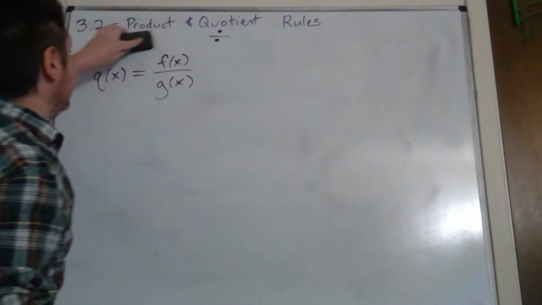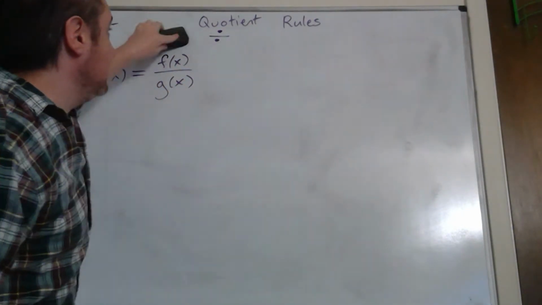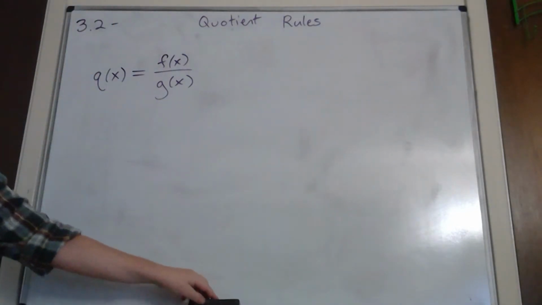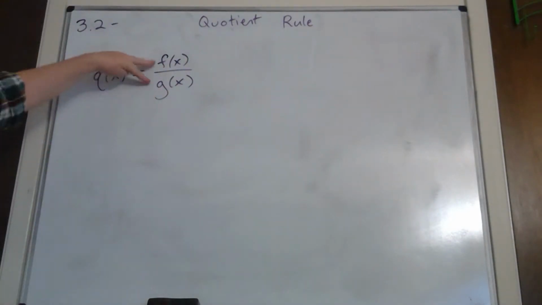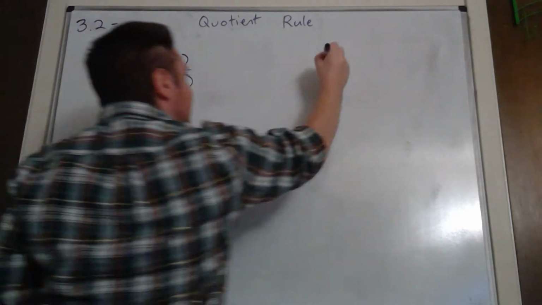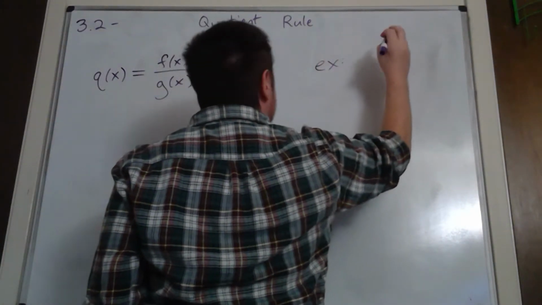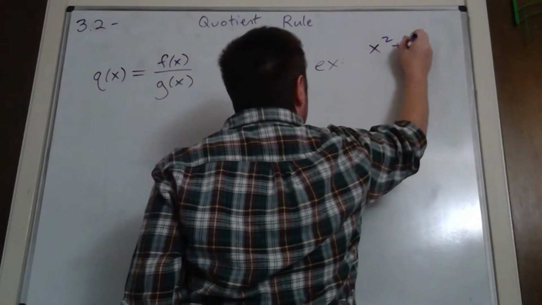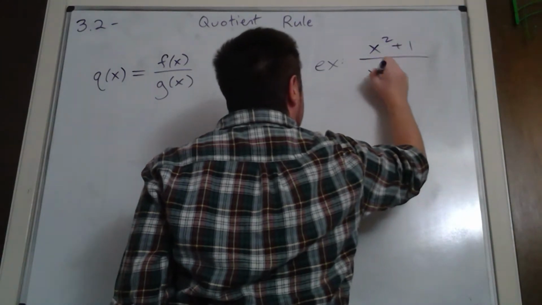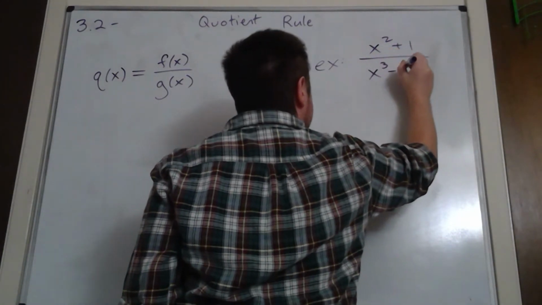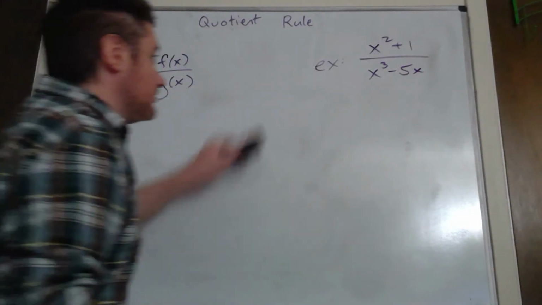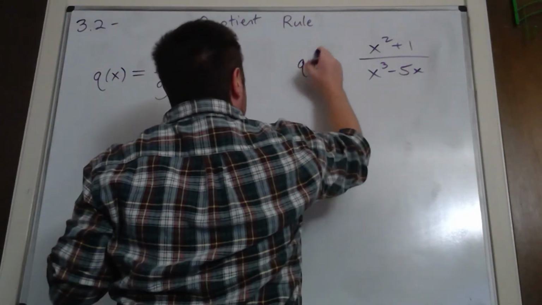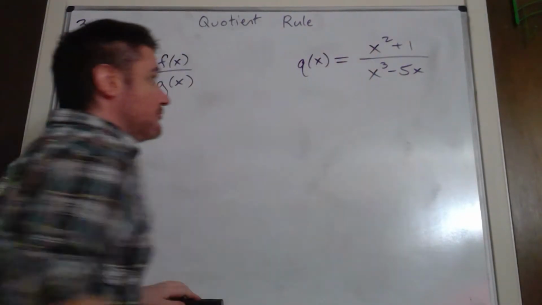So I'll come back to product, but let me just emphasize that we're doing the quotient rule here. Let's say I've got a function that looks like that. What's an example? An example might be something like this. Let's say I've got x squared plus 1 over x cubed minus 5x. All right, so that's my original function.